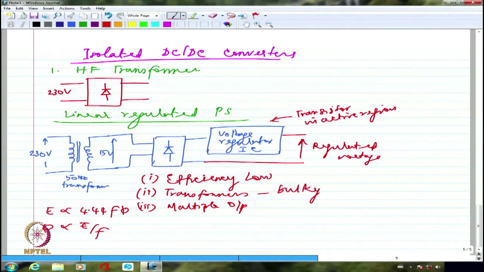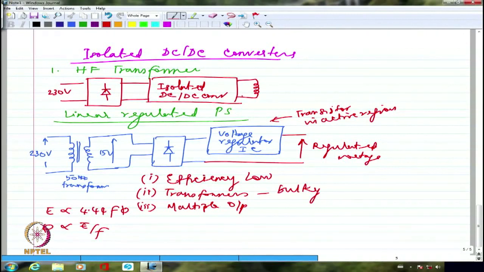This output will be given to an isolated DC to DC converter. So at the output of the isolated DC-DC converter, normally we will have a transformer. So I may have a single primary with multiple secondaries. Right? So this will give output 1.